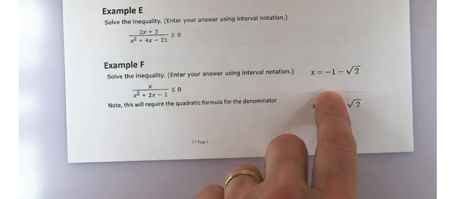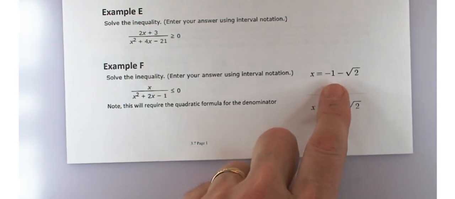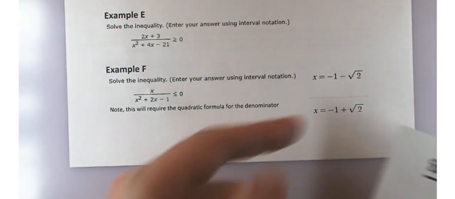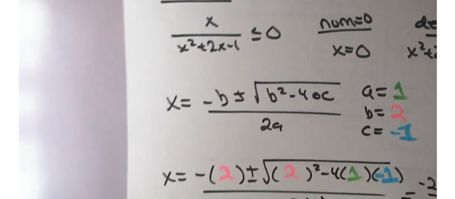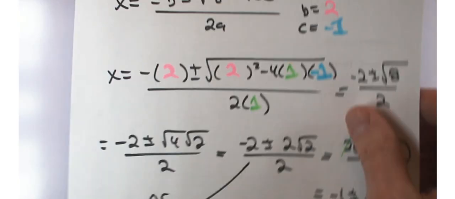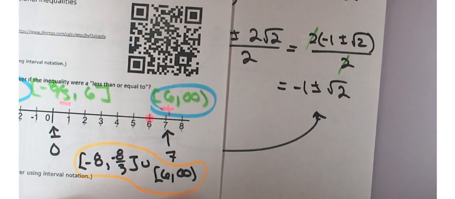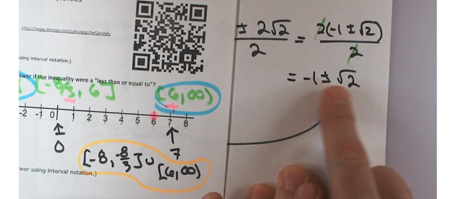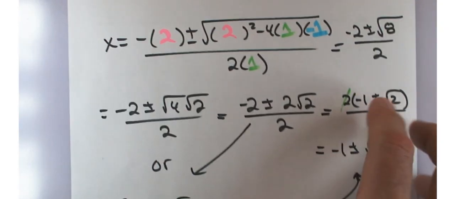You guys had a look on your face that said you wanted to see where these come from. Initially, I had planned on just saying those are the solutions, but it's good practice to look at the quadratic formula. But that gives us our 3 points. We've got x equals 0, negative 1 plus the square root of 2, and negative 1 minus the square root of 2. So let me put those points on the number line for us.